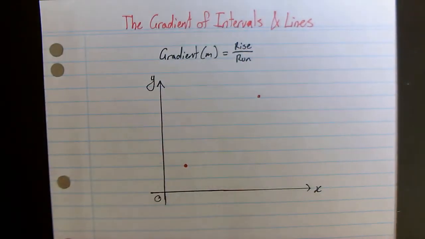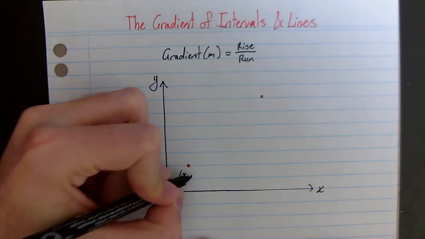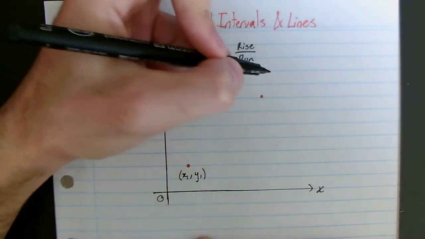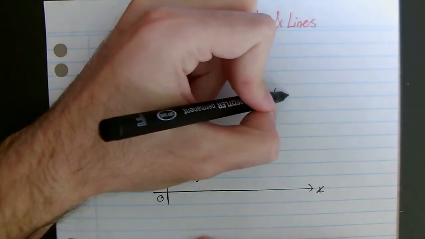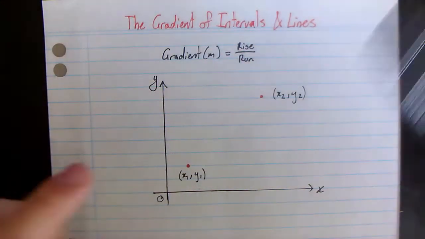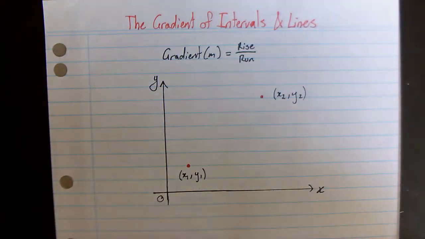This point down here I'm going to define as x1, y1, indicating that it's any point on the axis, and this point here is x2, y2, indicating yet again any point that's not the same as this. So these can be anywhere.